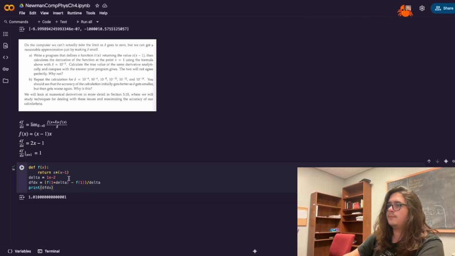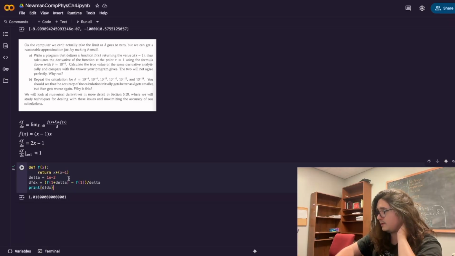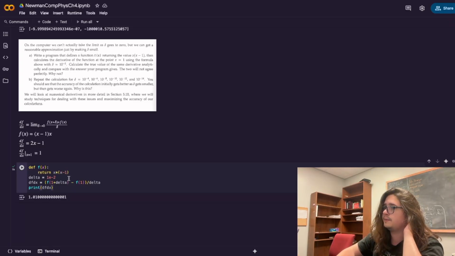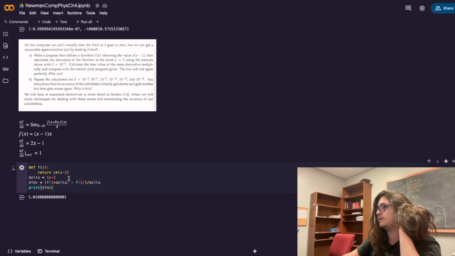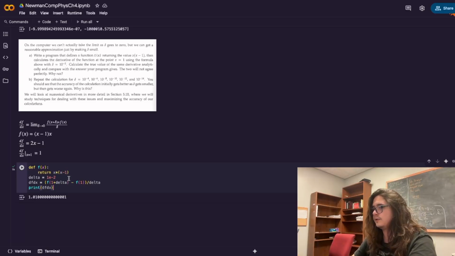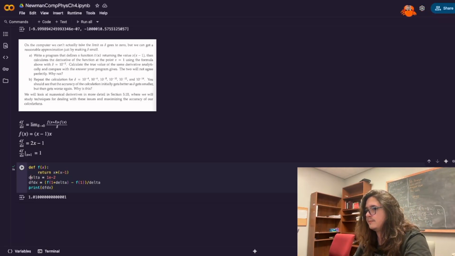But part B, we're going to have to repeat the calculation for a bunch of different deltas, basically all negative powers of 10, increasing by 2 for each one. So I'm going to use this same code here and put it in a for loop.